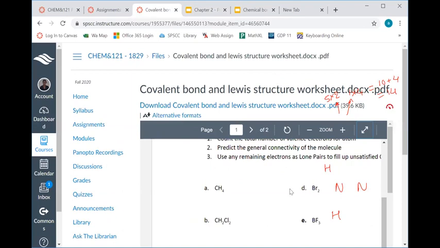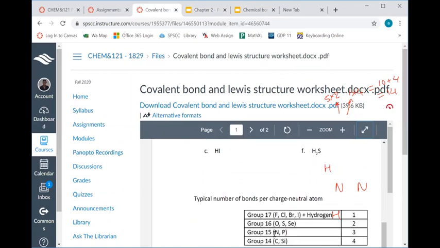That is why nitrogen and phosphorus can have typically 3 bonds, because it has to have 3 in order to have an octet.